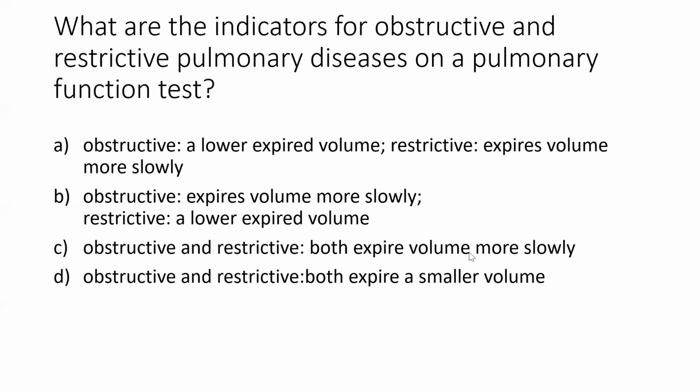Okay. All right, so overwhelming response for B. What are the indicators for obstructive and restrictive pulmonary diseases on a pulmonary function test? And it's going to be B.